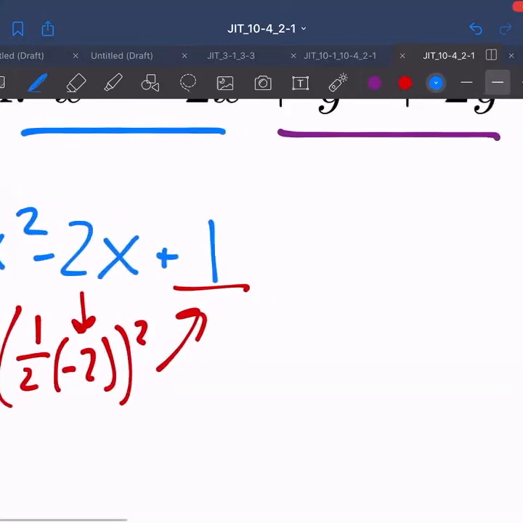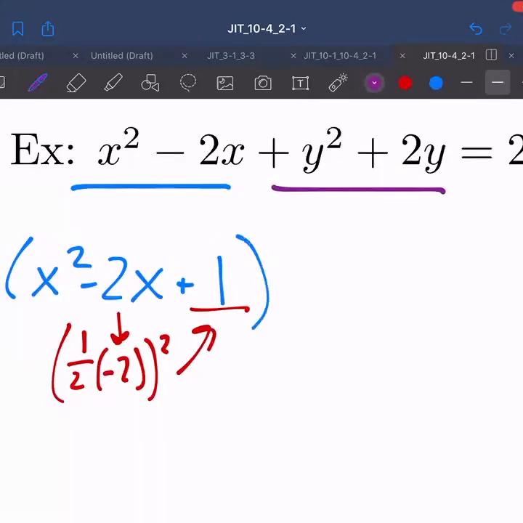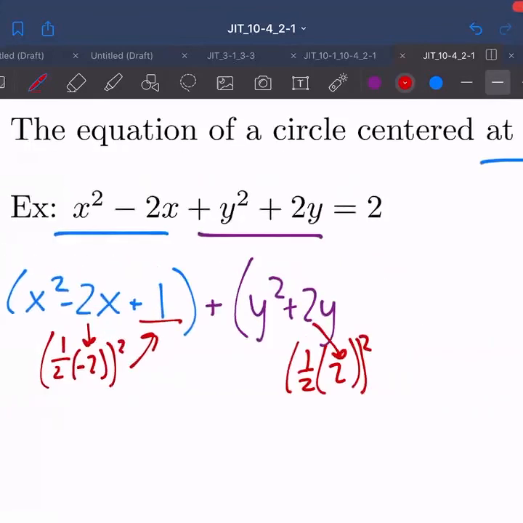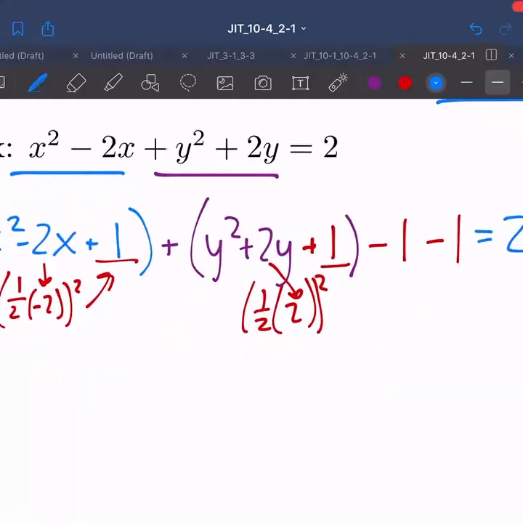So there's my first completing the square, and then our second, plus y squared plus 2y, and again we've got 1/2 times 2 from that b term, squared, which gives us a positive 1. And then we also have to subtract those terms away on the outside. Alternatively, you could add them to the other side too, but it's whichever way is easier for you.